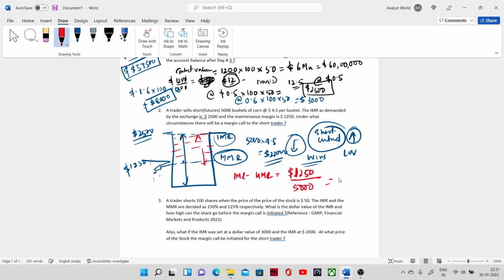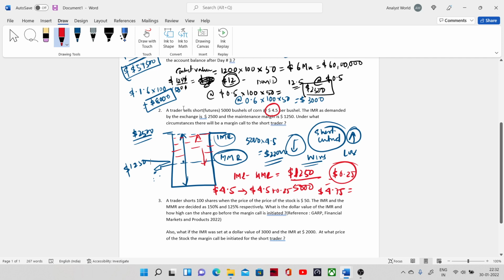That's 0.25 US dollar. So if this particular bushel, which was at 4.5 US dollar to begin with, becomes 4.5 plus 0.25, that is 4.75, then there is going to be an immediate margin call to this particular account. All right, so that's how things are set here.